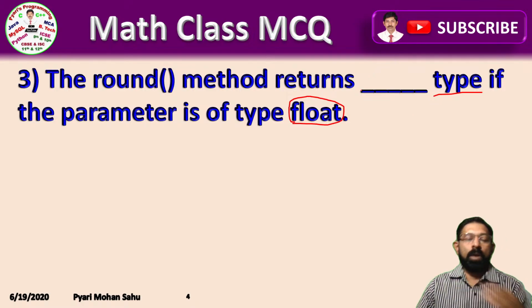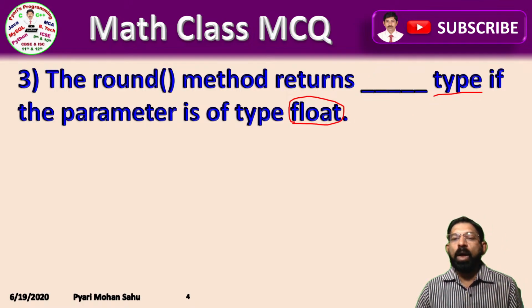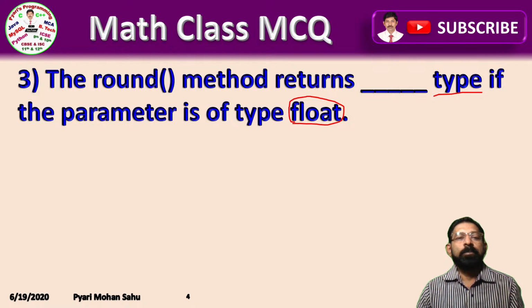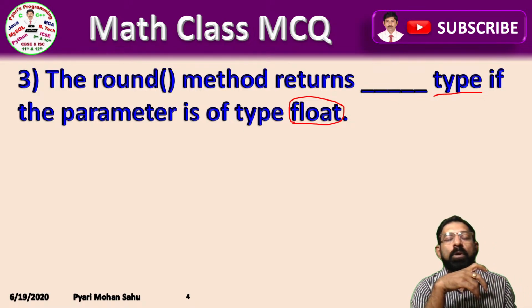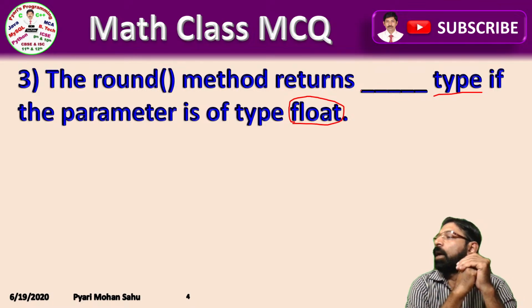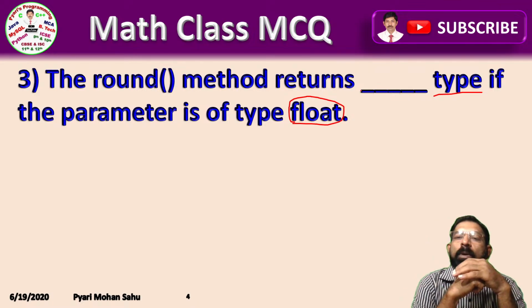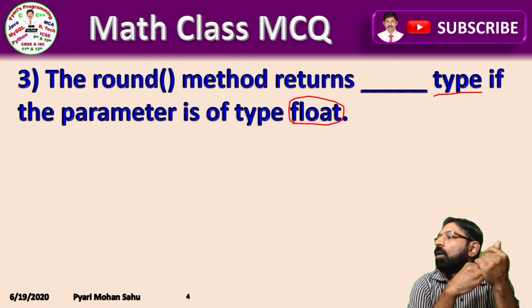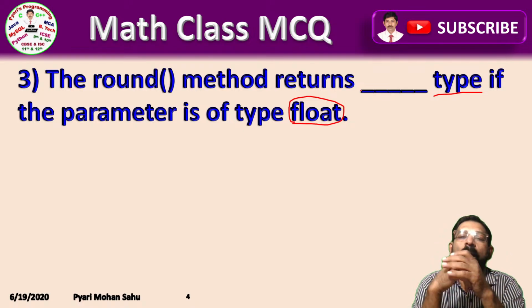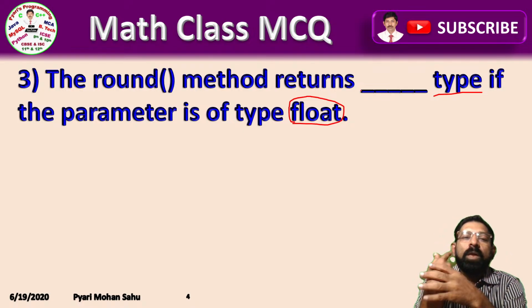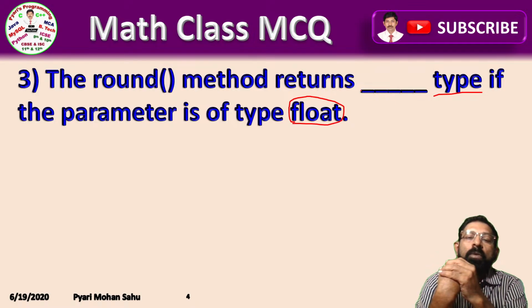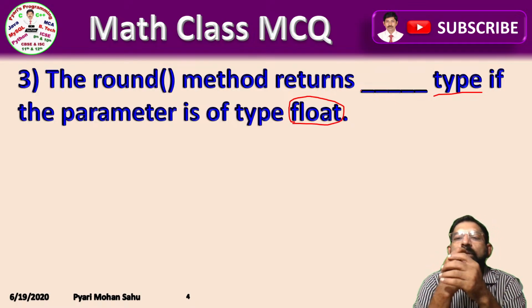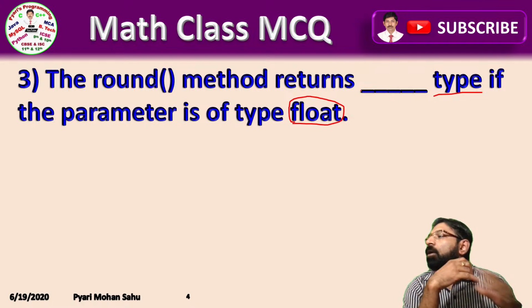So here one answer given by Rajesh is int. If the parameter is of type double, then return type is long. Then I said that return type is either long or integer. That means obviously if the parameter is of type float, then it returns int. Good.